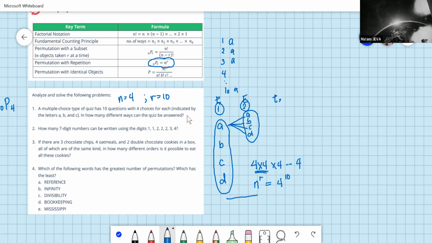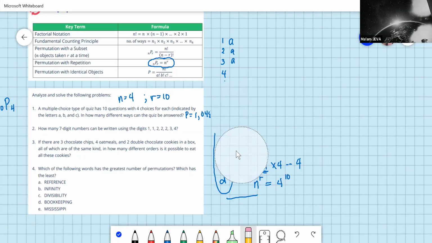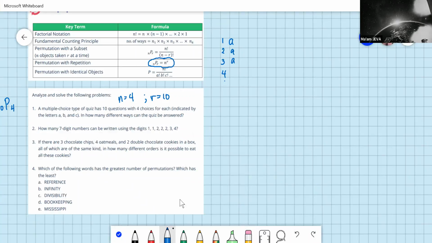So, see the difference? Look at the difference, depending on how the problem is illustrated.